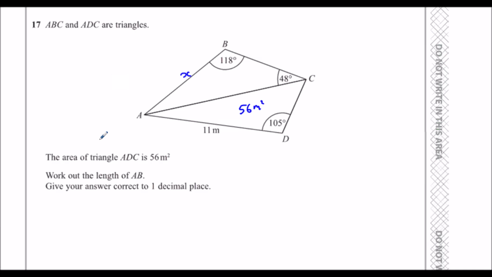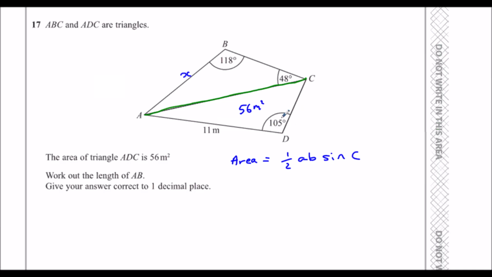So we're going to have to use the information we're given in the bottom triangle to find the common length of the two triangles, this one here, and then we'll use that to work out x. So we're going to work with the bottom triangle to start with, and we've been given the area, so we can work out another length using area equals half ab sine C. So half ab sine C, we've got the angle in between the two sides.